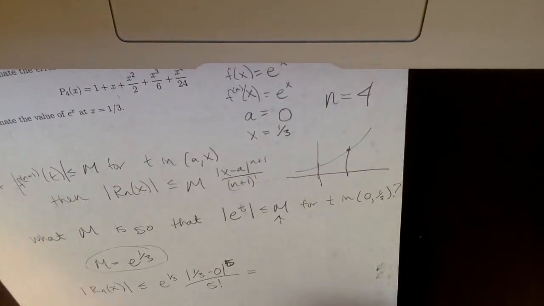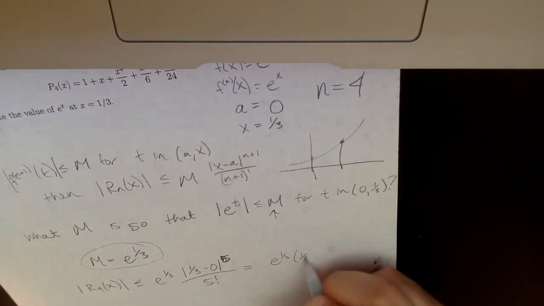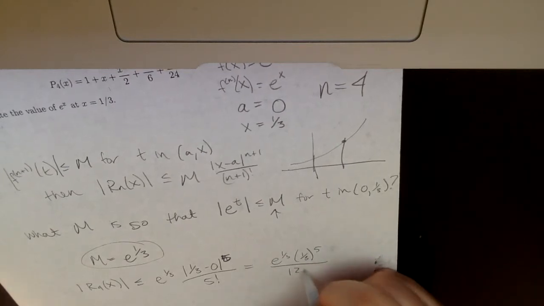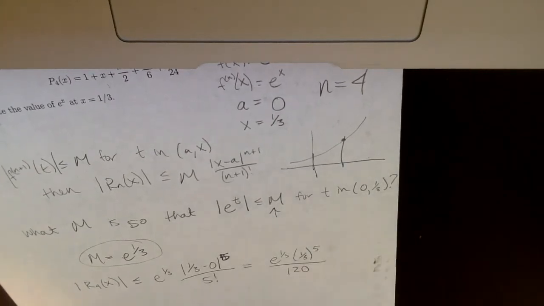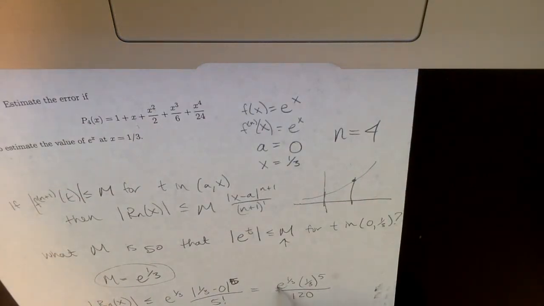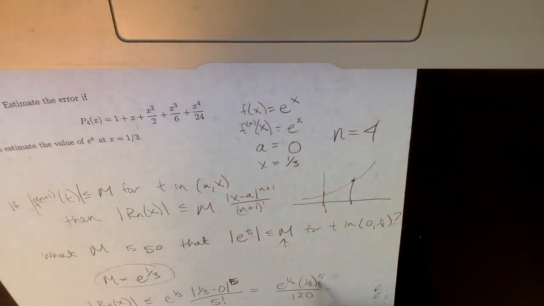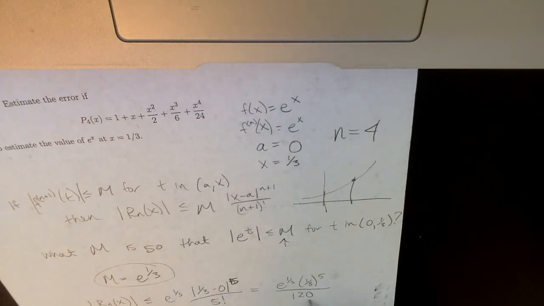I can simplify that a little bit. That's e to the 1/3 times 1/3 to the 5th, all over 120. So our error is bounded above by the maximum of the derivative, e to the 1/3, times the length of our interval, 1/3, raised to the 5th, over 5 factorial, 120.